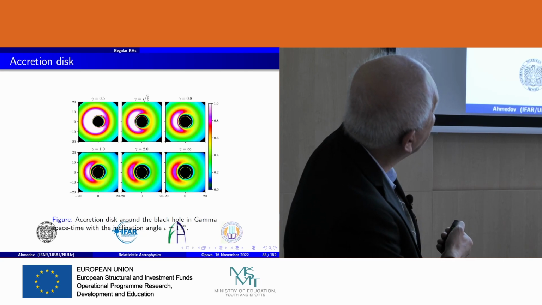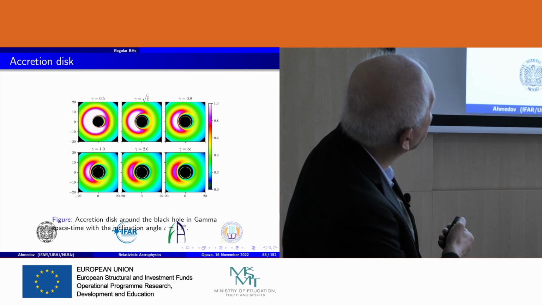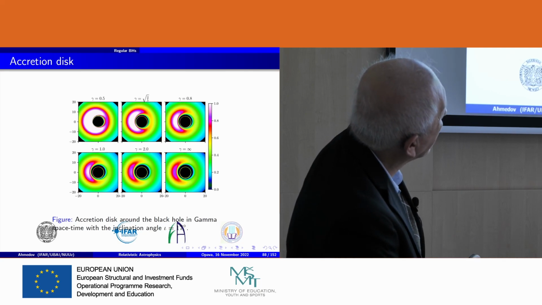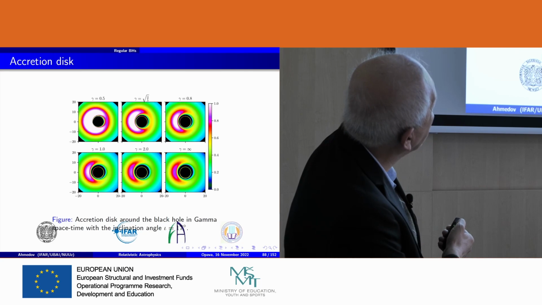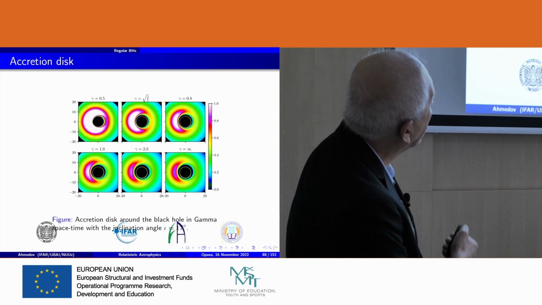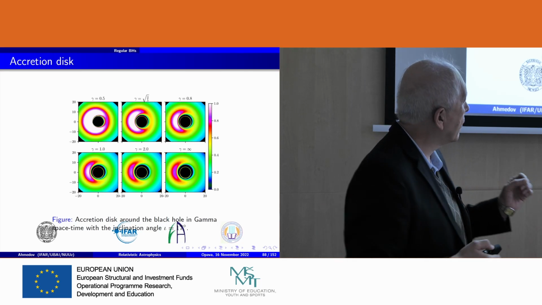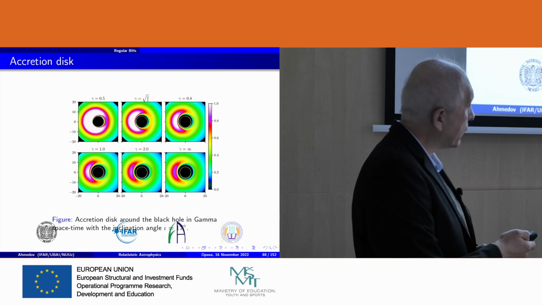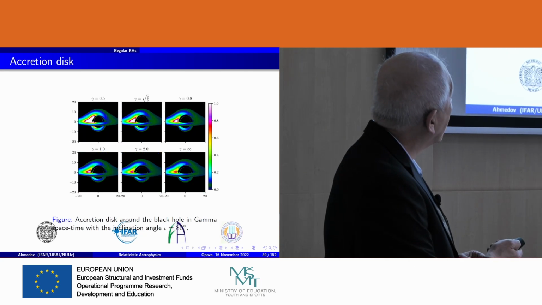Here, this is the size of the shadow, and this is also the size of the shadow. So the size of the shadow depends on the gamma parameter. Yes, the gamma parameter is responsible. So this we can observe from the numerical modeling.